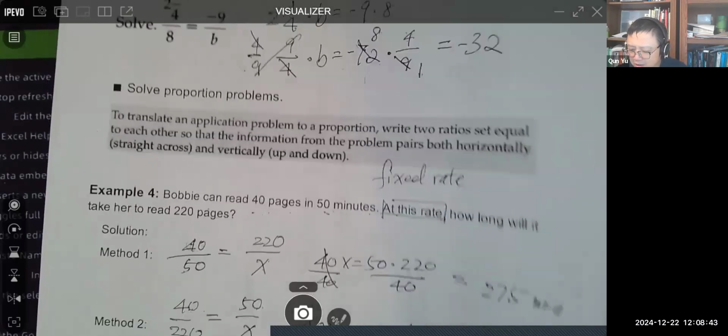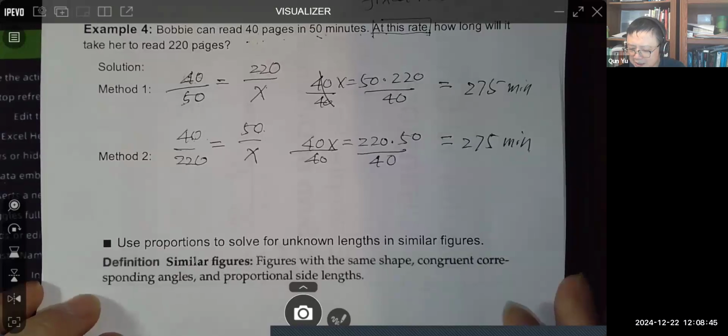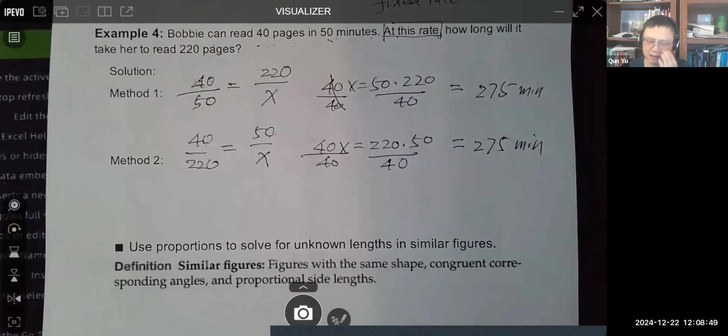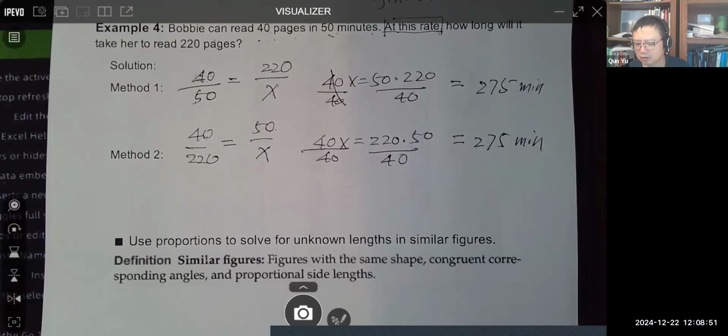Now let's look at our last objective for today for this video. Under this topic, we are going to solve an unknown in similar figures, like similar triangles, similar rectangles, similar trapezoids.